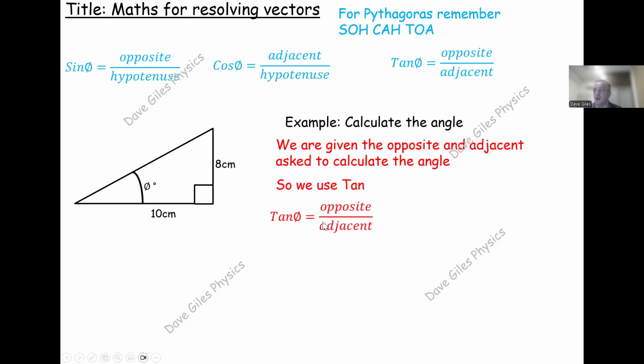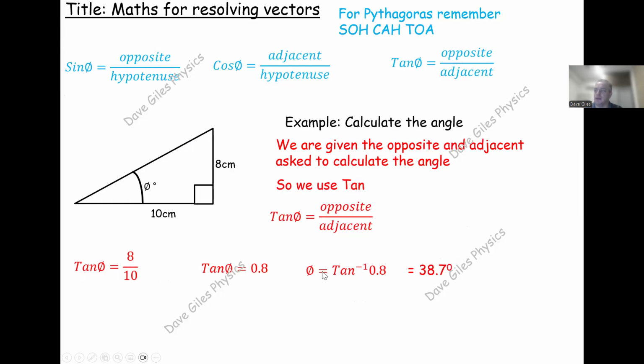Tan theta is opposite over adjacent, so tan theta is 8 over 10. So tan theta is 0.8. To go from tan theta to theta, you have to use inverse tan. If you look on your calculator, it'll be tan to the power of minus 1. So you do inverse tan of 0.8, and that gives you 38.7 degrees.